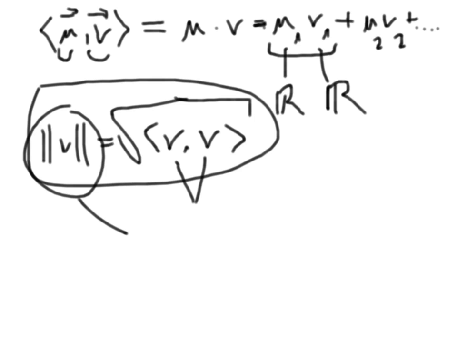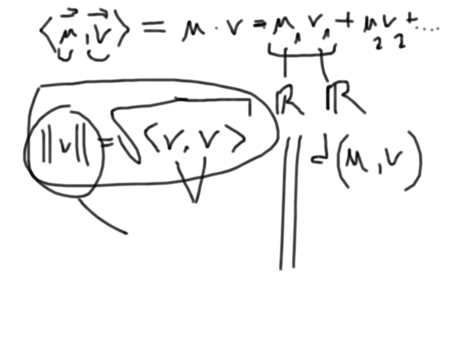Now, the distance between two vectors is the second thing. If you want to know the distance between u and v, this is defined as the norm of u minus v.